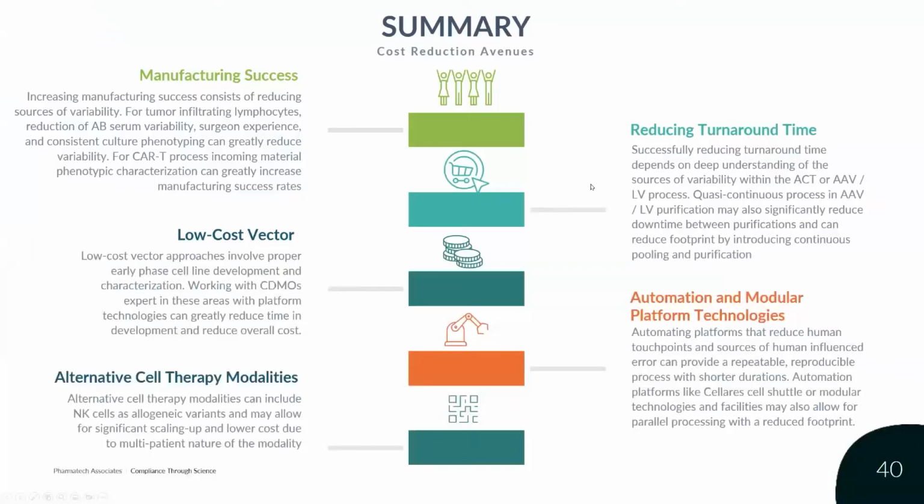And as closing thoughts, the five areas we've discussed include how to increase manufacturing success through phenotypic characterization and some low-cost vector approaches. The one thing I will emphasize is that these are all interrelated, so your science, development, and manufacturing organizations really need to work in tandem to pursue all of these.